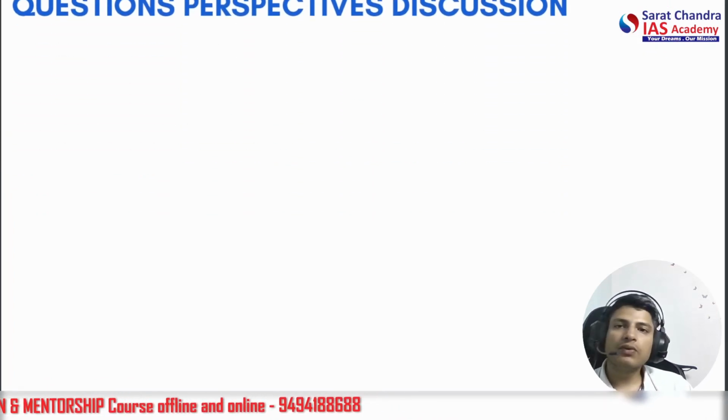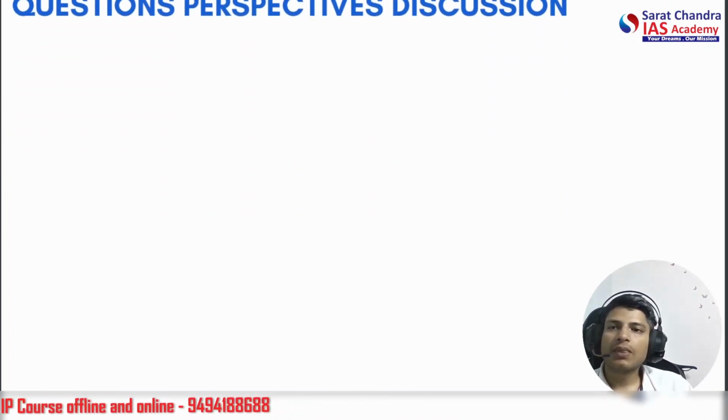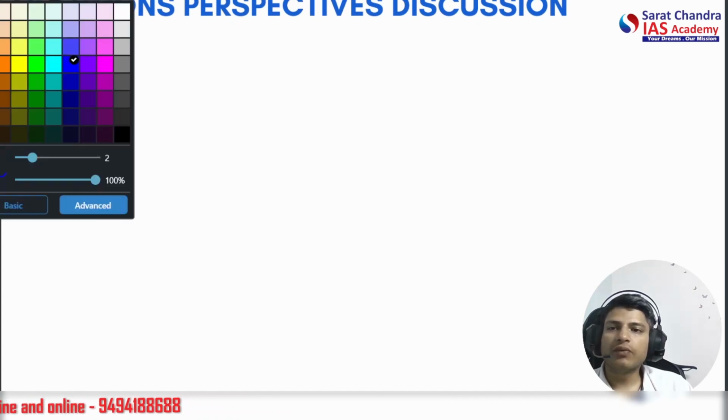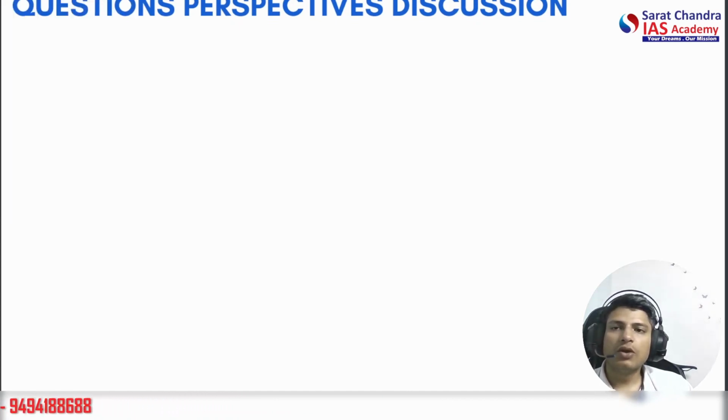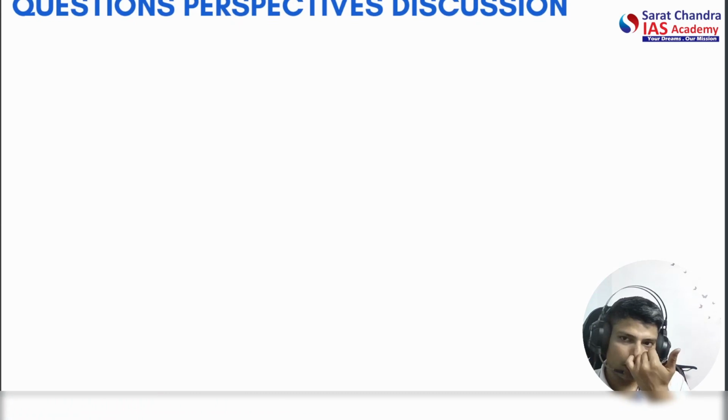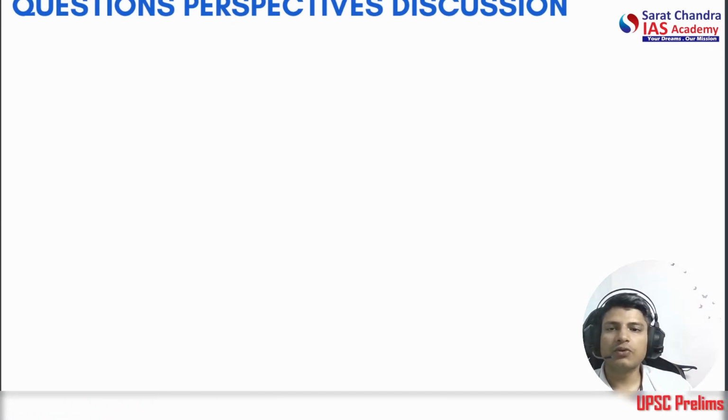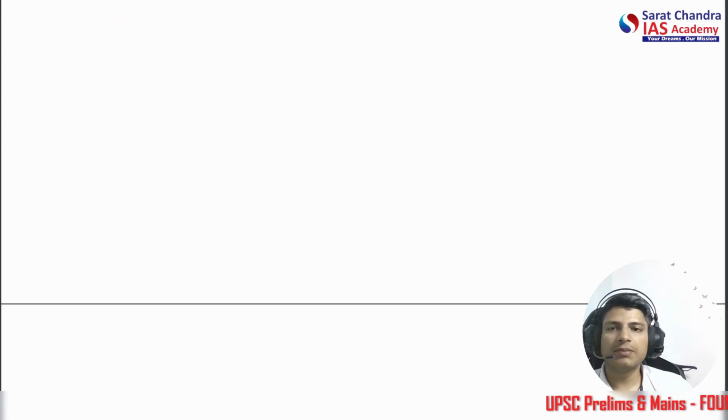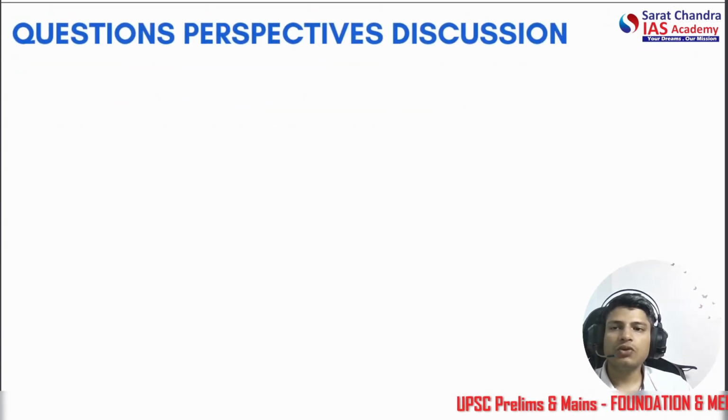All right, now lastly, let's talk about the question perspective, what we should finally make note of. This PDF I will be sharing in the Telegram channel, and it will serve as a base for your preparation. You can add your notes in these two empty pages also. So what you must read is the introduction.